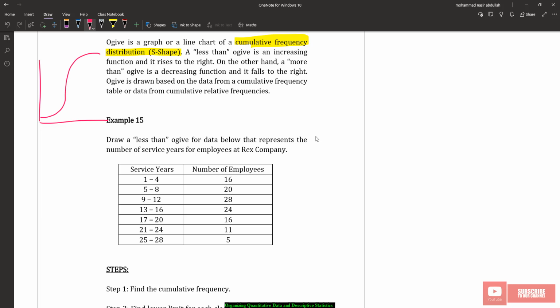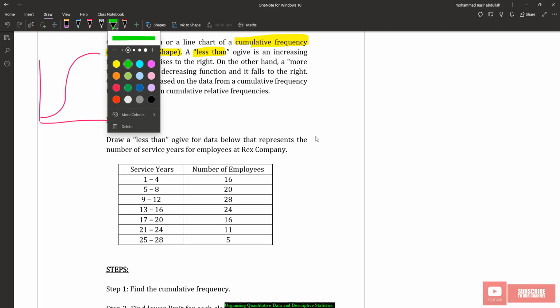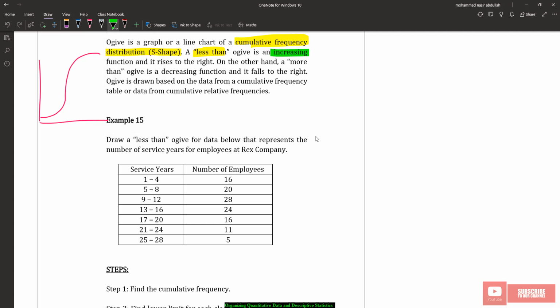Right. This is what we call an Ogive or cumulative relative distribution. So here we can read a less than Ogive. We only focus on less than frequency distribution. It is an increasing function and it rises to the right.